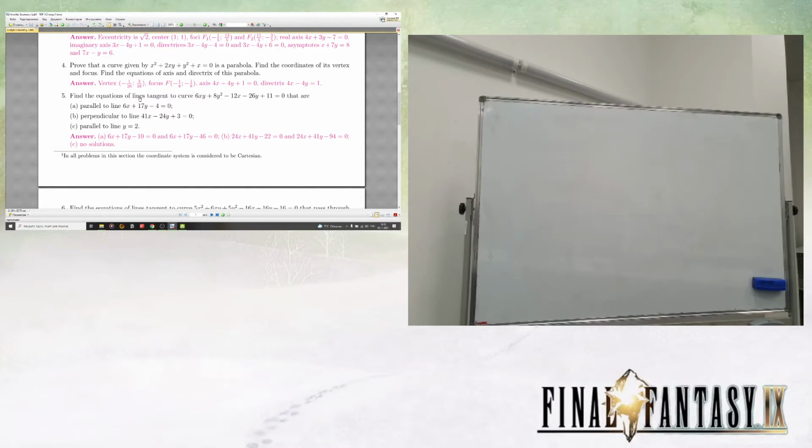What's an easier method rather than taking a derivative of this? Like, it's parallel to the line, which means they have the same m or same tangent. Actually, you already have equations for this. You can just convert it again to canonical form, and you can have a tangent form.